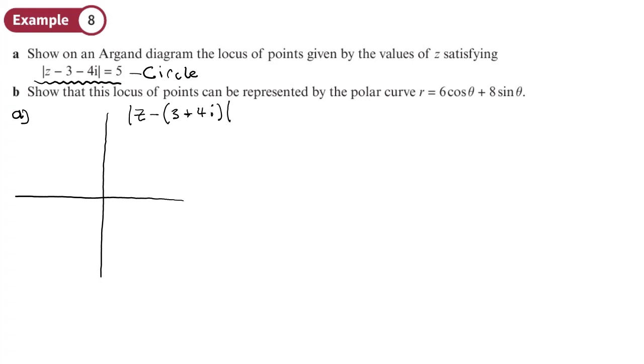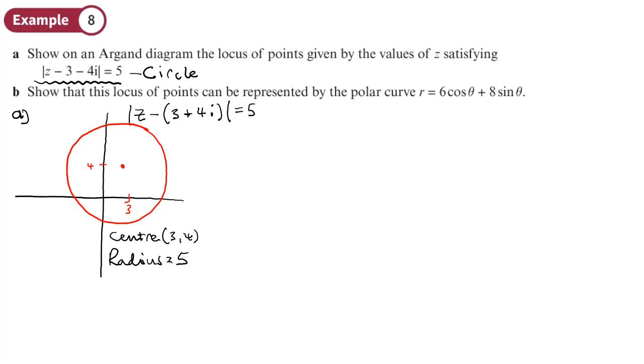So 3 here, 4 here, the center there. Let's draw it on something like that. We know it crosses the axis because of its radius. So we've got center 3, 4, radius 5.